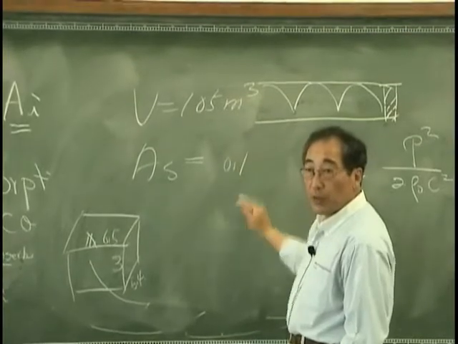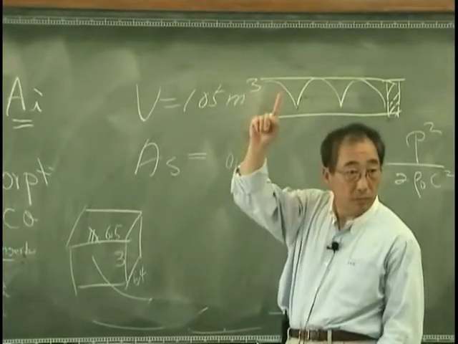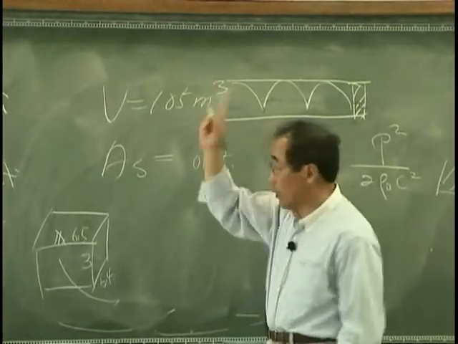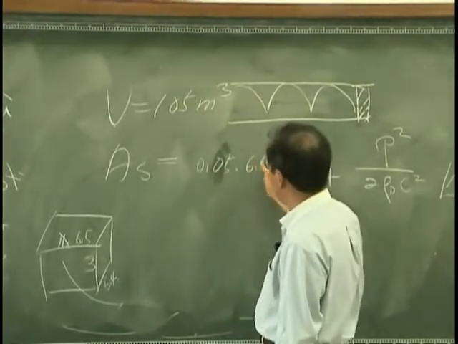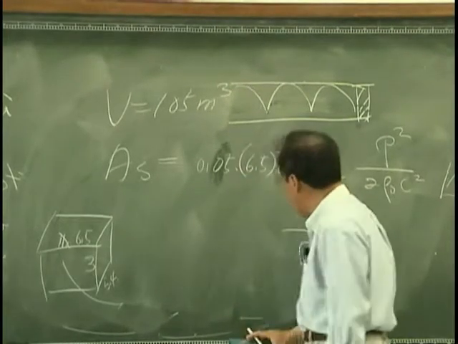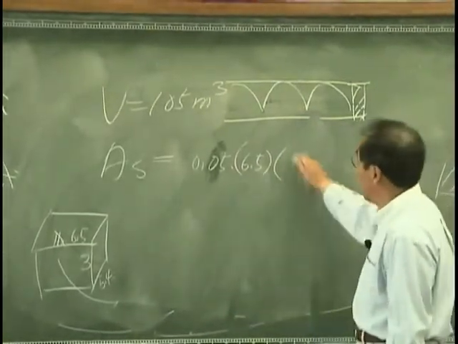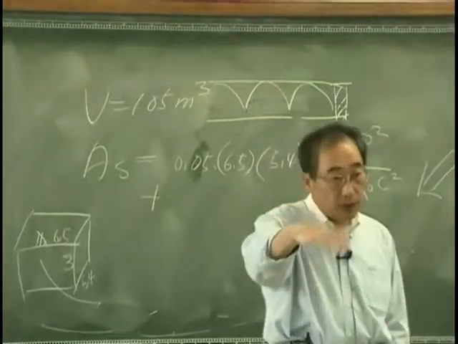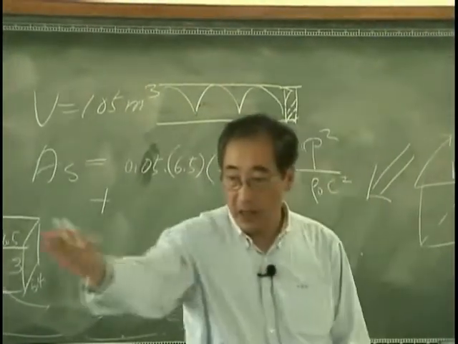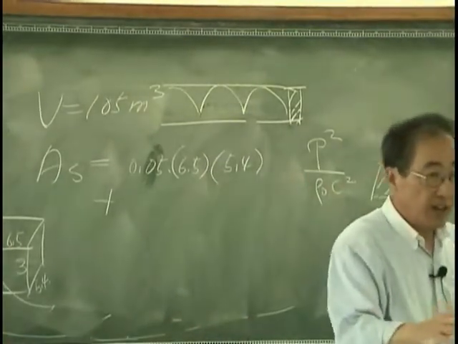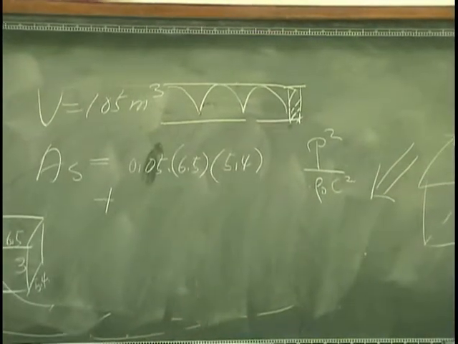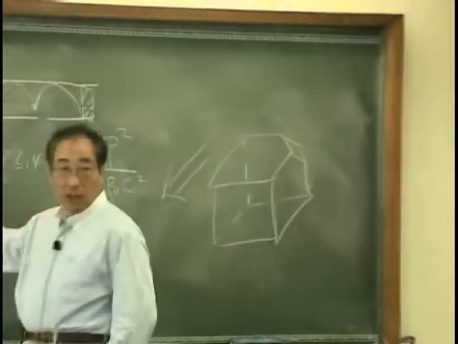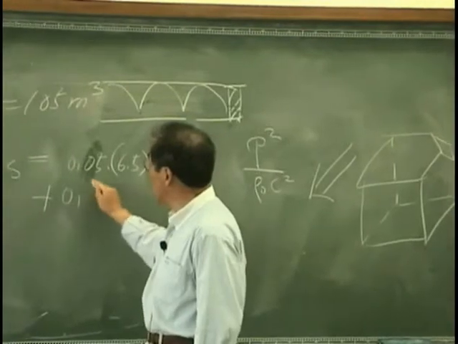So the estimated absorption coefficient would be 0.1, maybe less, 0.05, multiplied by 6.5 and then 5.4. For the absorption of this area, I have many desks, and the guy who has a heavy jacket, so it should be more than this, and I estimate that would be twice.